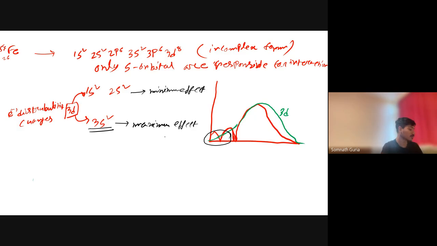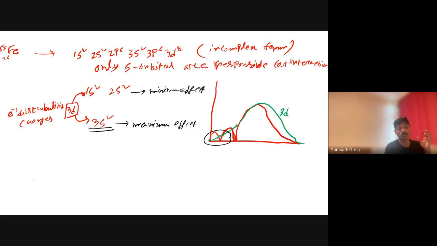Okay, now this region near the nucleus, the interaction, this common region is near the nucleus. If some electron density changes in the 3d orbitals, we are saying once again, it is a common region.